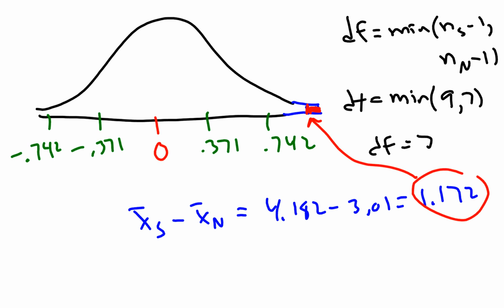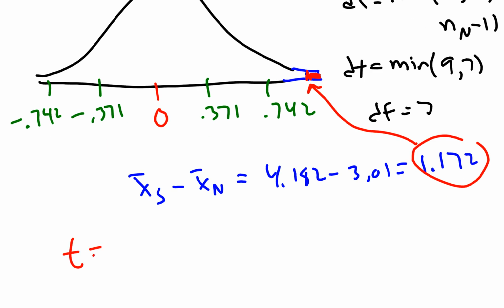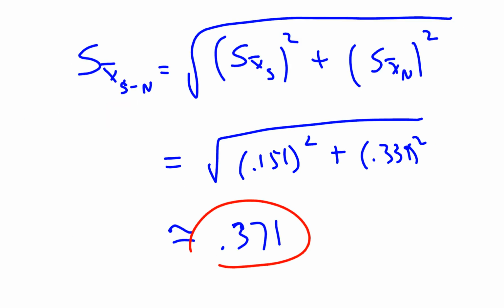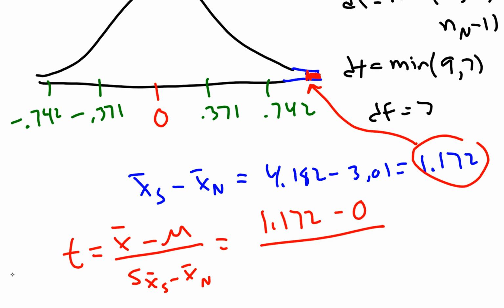So to get a t-test statistic, t is equal to X bar minus mu over the standard deviation, in this case, of X bar sub S minus X bar sub N. So we have all these numbers. This is 1.172 minus the mean of 0 over our standard deviation, which turned out to be this number, 0.371.